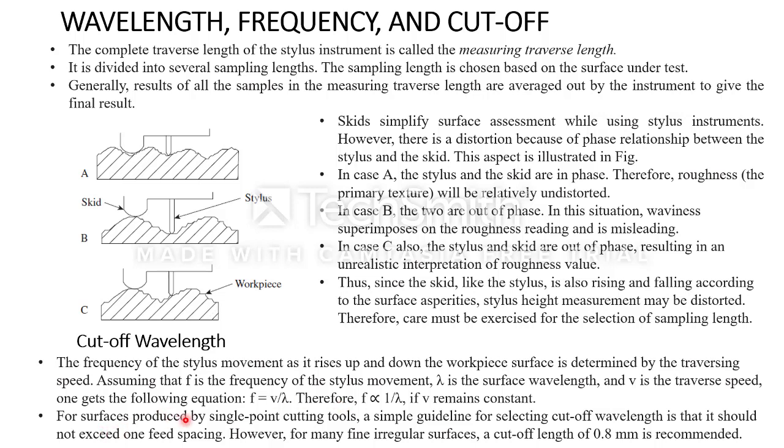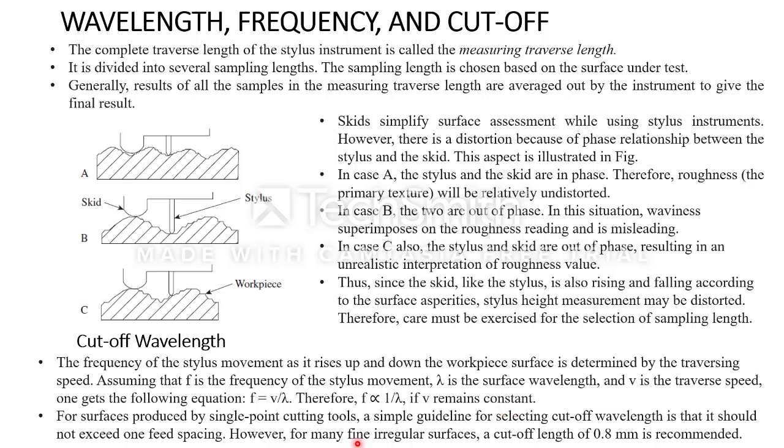For surfaces produced by a single point cutting tool, a simple guideline for selecting cutoff wavelength is that it should not exceed one feed spacing. This is very important. So if it is a single point cutting tool, the cutoff wavelength should not exceed one feed spacing.